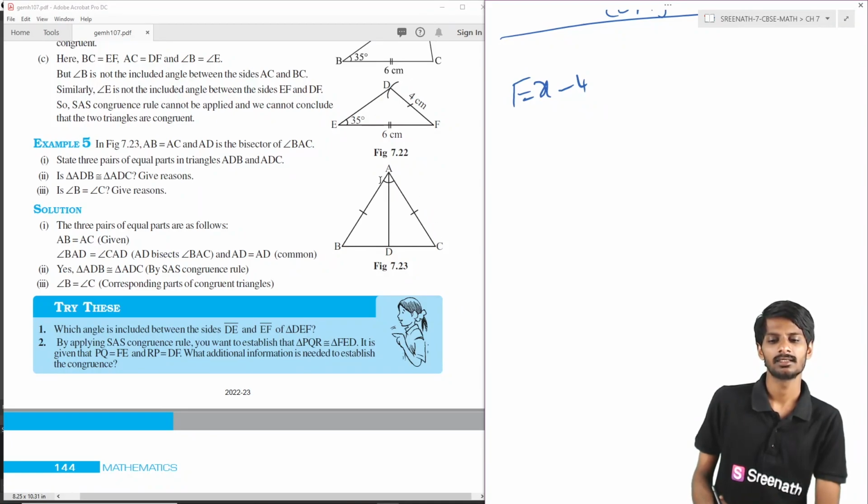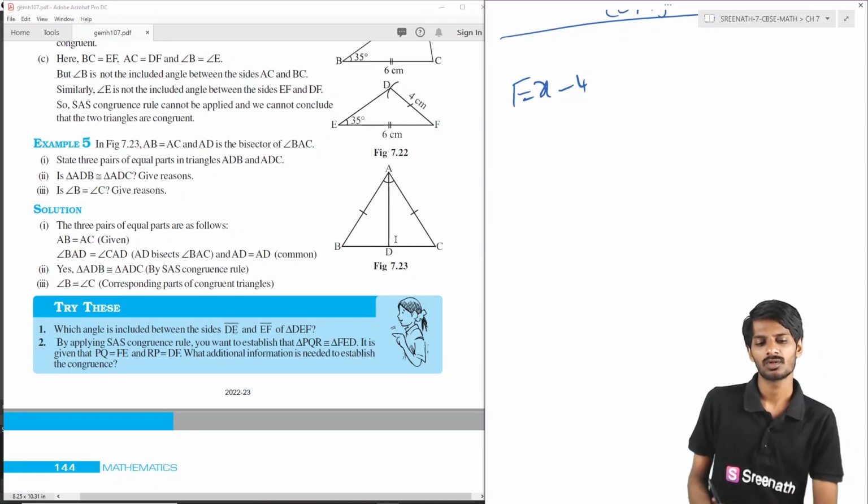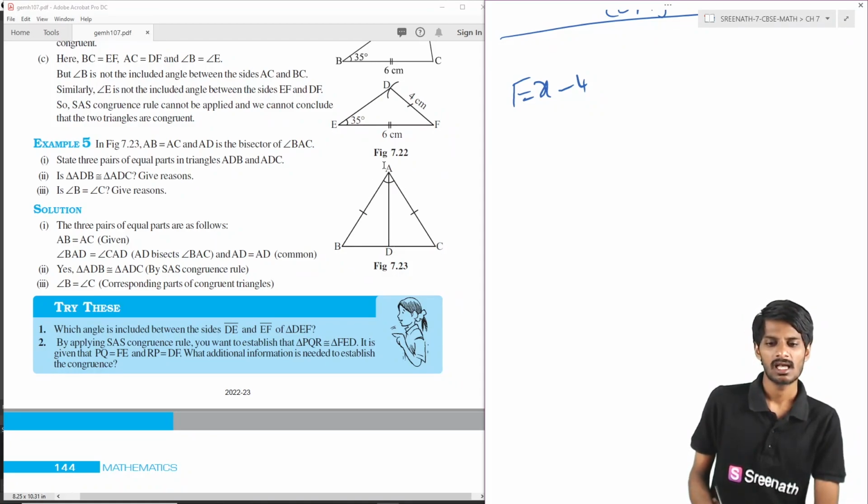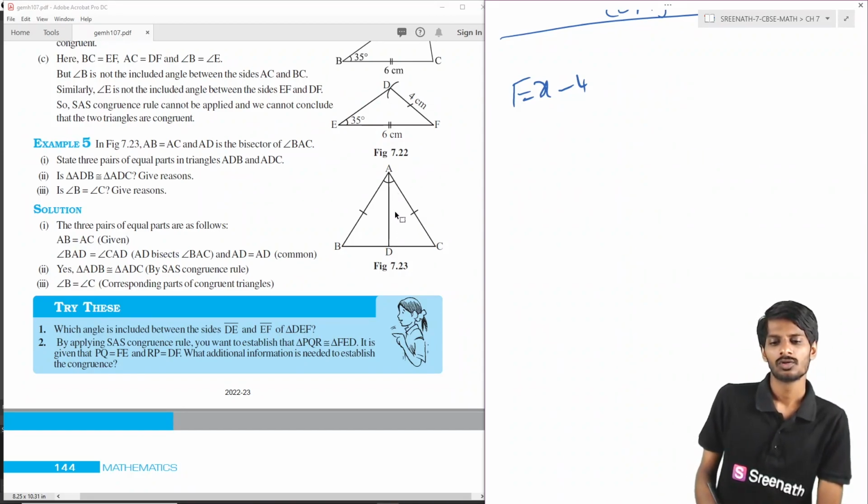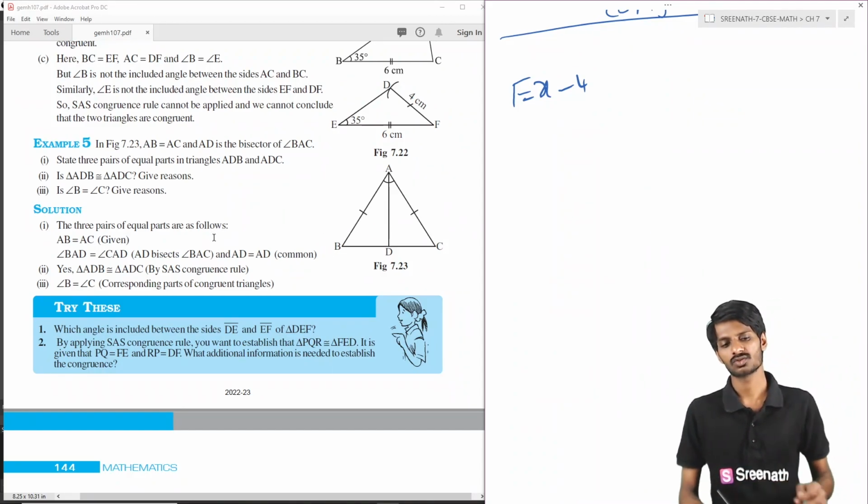Angle BAD is equal to angle CAD because AD bisects the angle, and AD is equal to AD, it is the common side. So by SAS congruency, these two triangles are congruent, friends. That is the case.